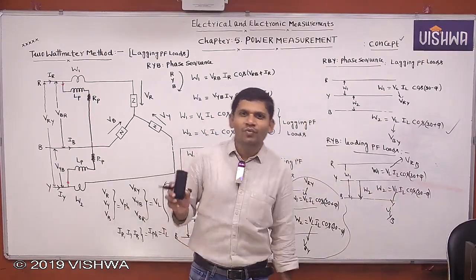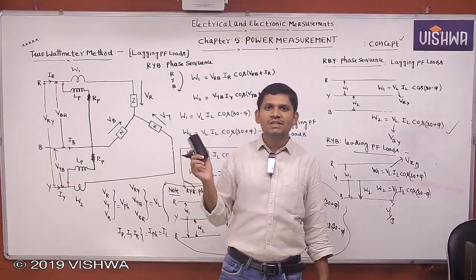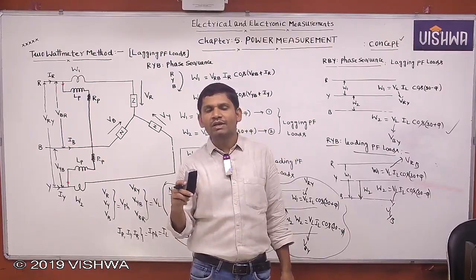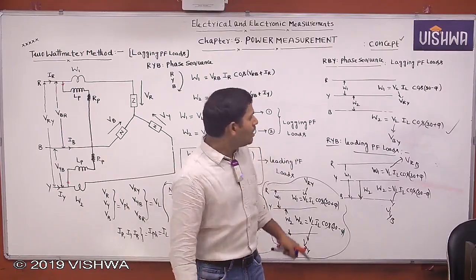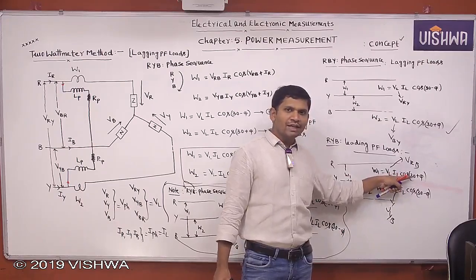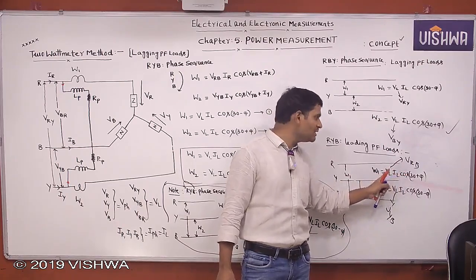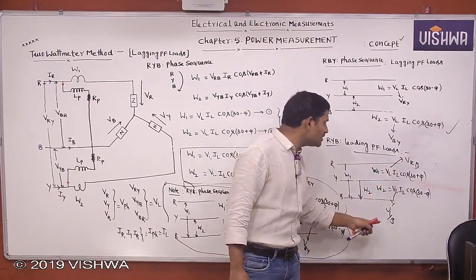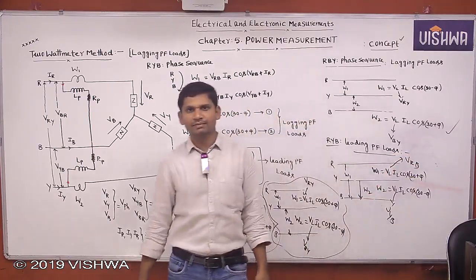In lagging power factor loads, if the phase sequence is followed, then you take plus. If the phase sequence is not followed, then you take 30 minus φ. But for leading power factor loads, if the phase sequence is not followed, then you get 30 plus φ. If the phase sequence is followed, then you get 30 minus φ.